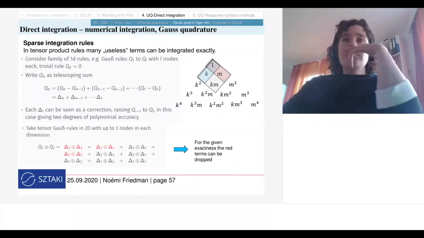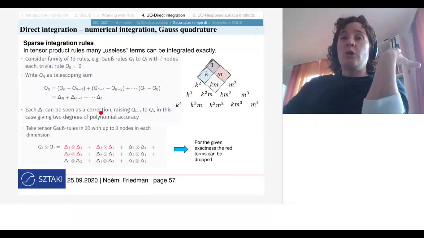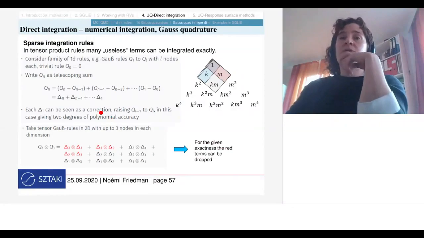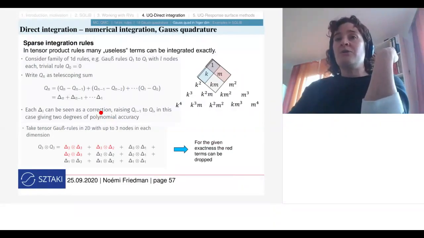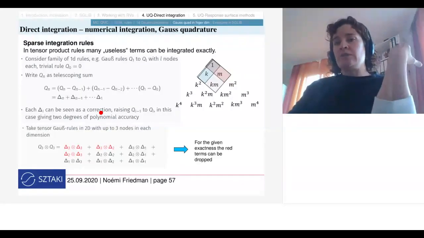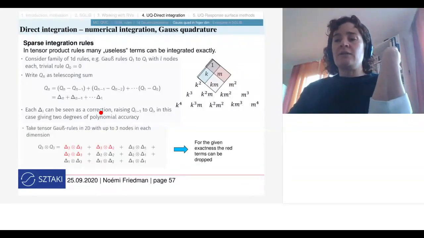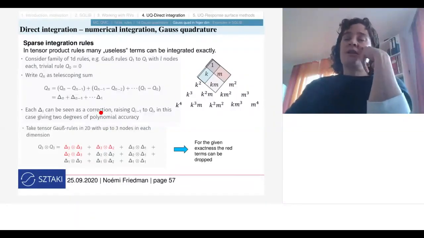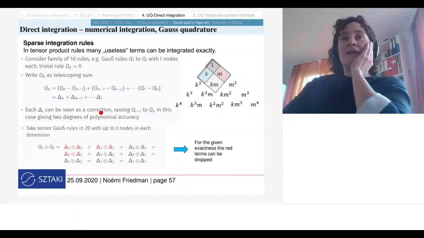So in this case, we have two options. One is to not go smart, but go with the brute force approach and do it with random points, with quasi Monte Carlo or Monte Carlo points. And then you can have an estimate of the integral term.